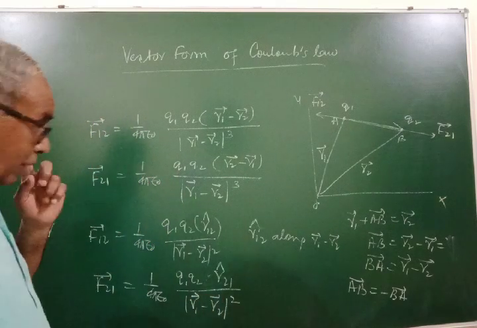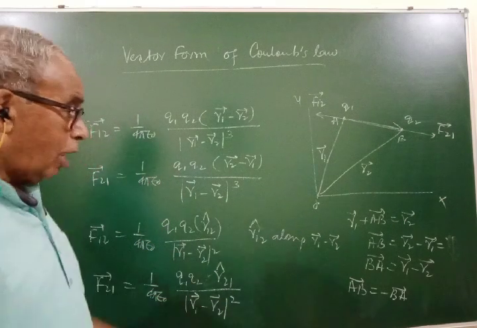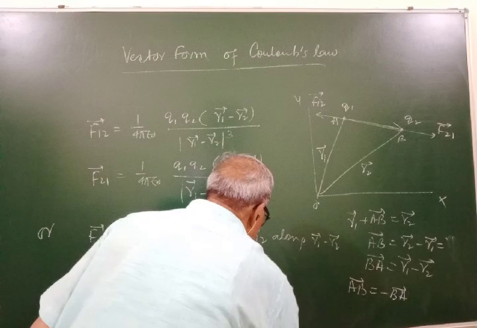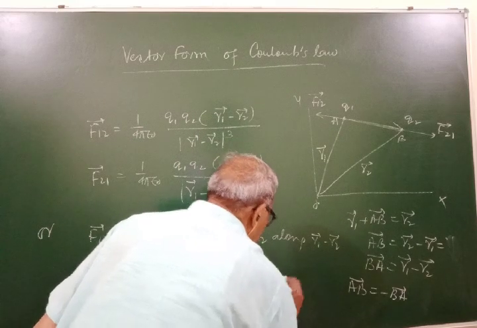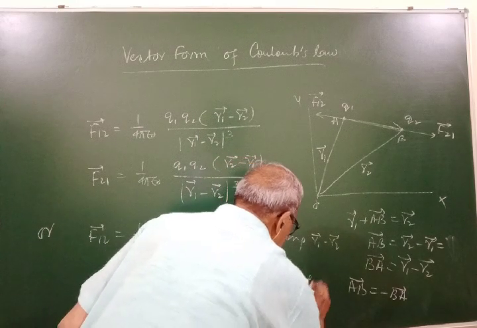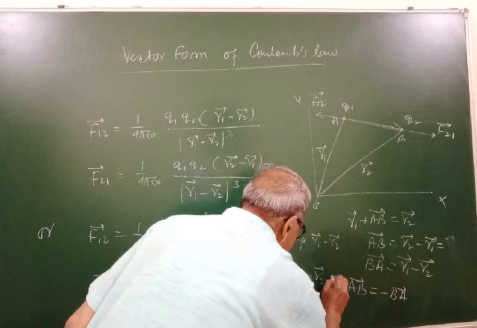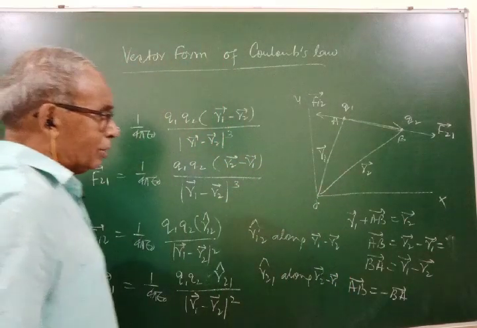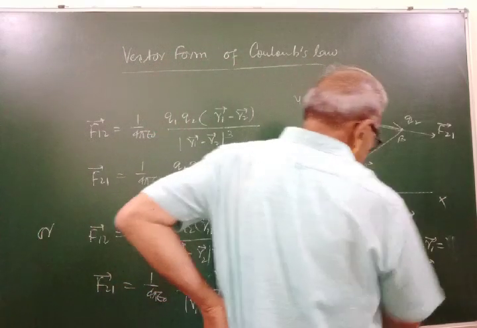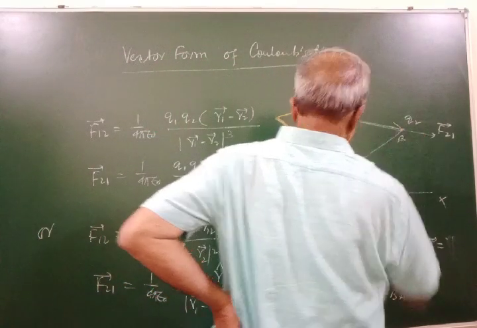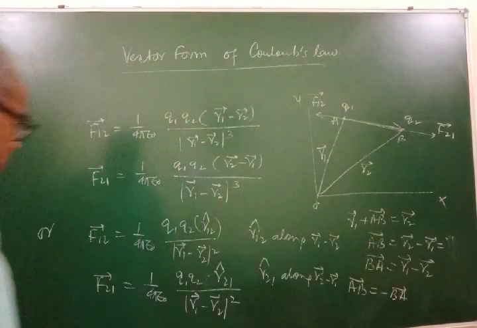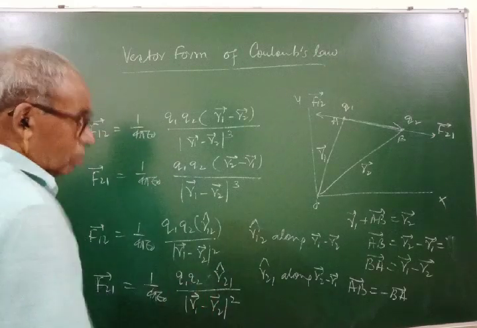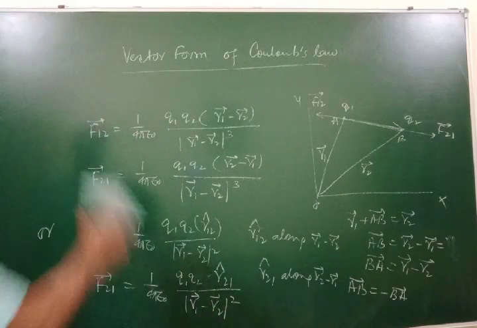But here we have to tell that r21 is a unit vector along r2 minus r1, and from figure it is clear r2 minus r1 is the AB vector. So the directions of unit vectors r12 and r21 are opposite.